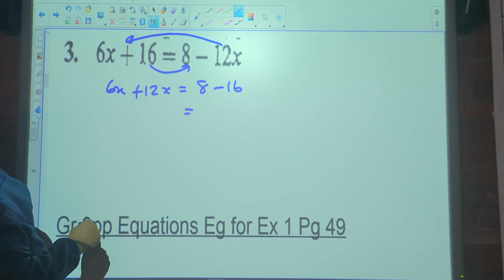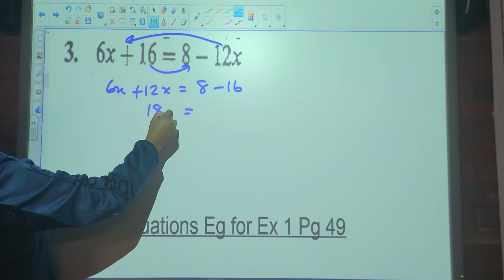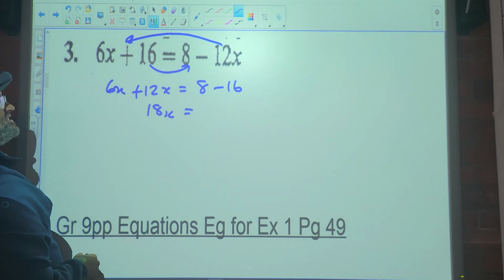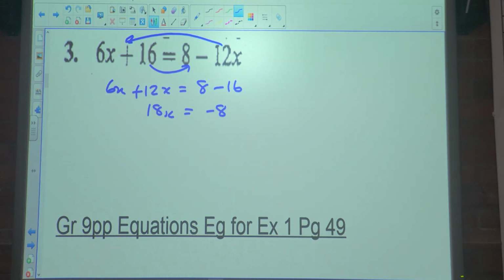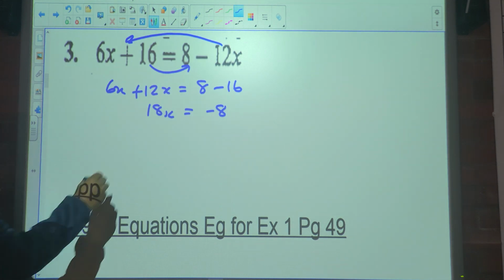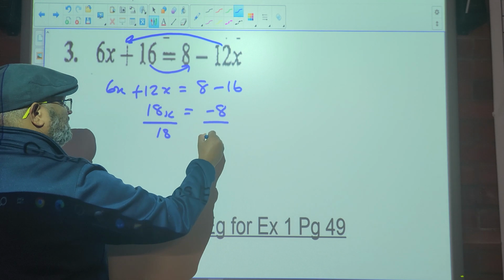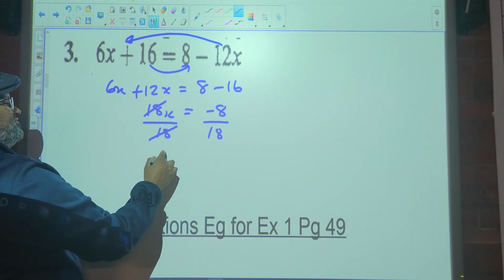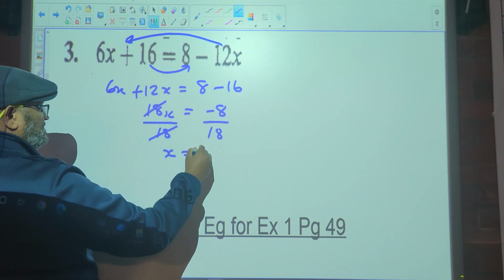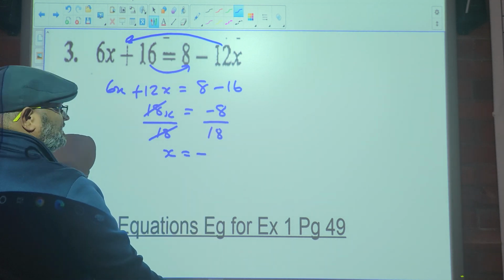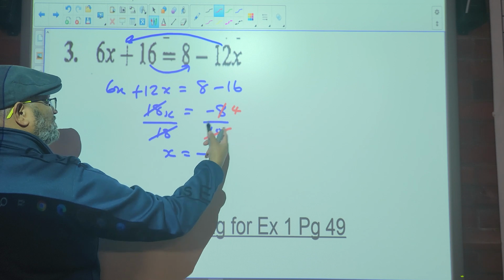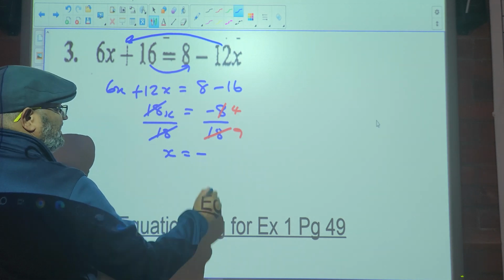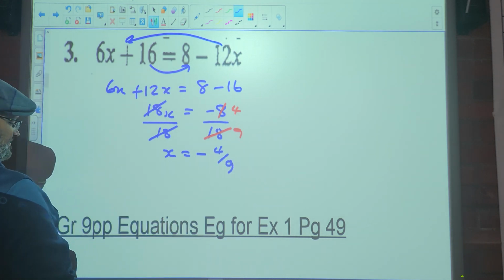So 6x plus 12x is 18x. And what is 8 minus 16? Negative 8. So how do I get x on its own? Divide by 18 on both sides. We want x on its own, so I divide by whatever is in front of x, the coefficient. Positive divided by negative is negative. 2 goes into 18 9 times, 2 goes into 8 4 times, so it's negative 4 over 9.